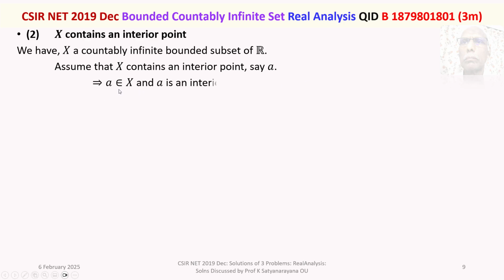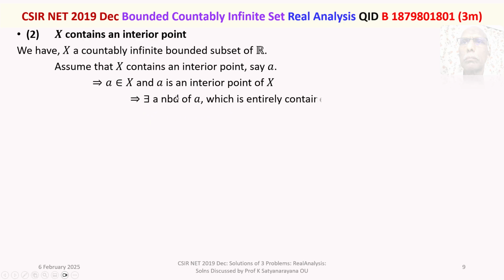This implies a belongs to X, because interior points are elements of the set. When do you say a is an interior point of X? If there exists a neighborhood of a which is entirely contained in X.